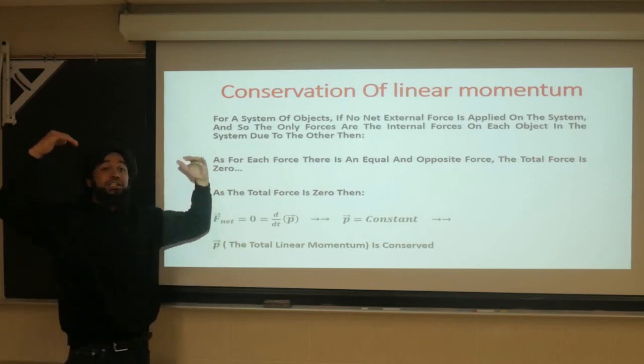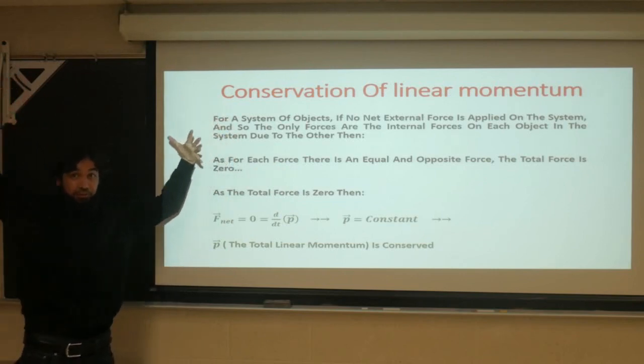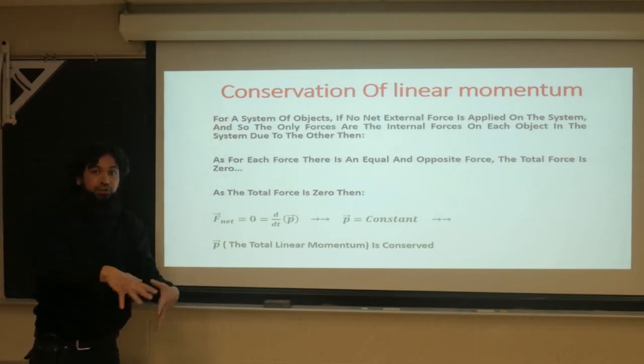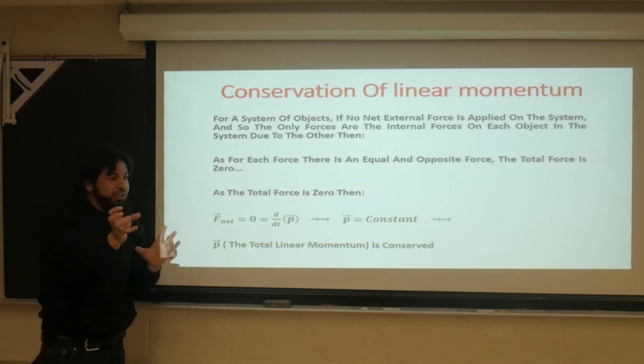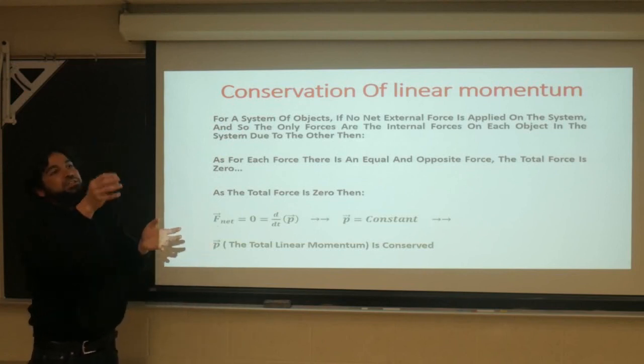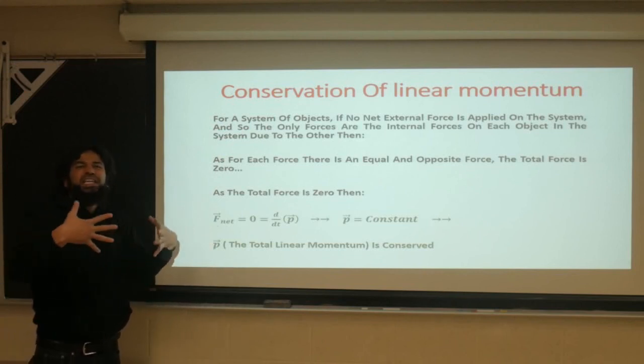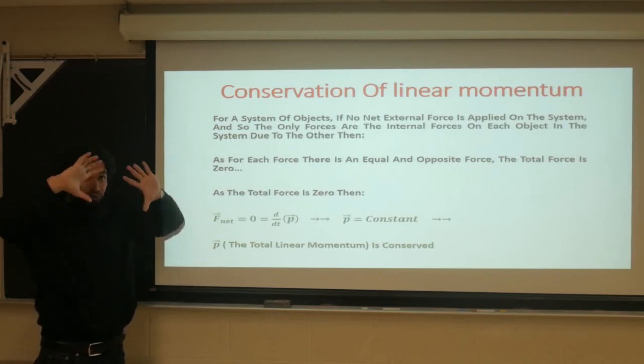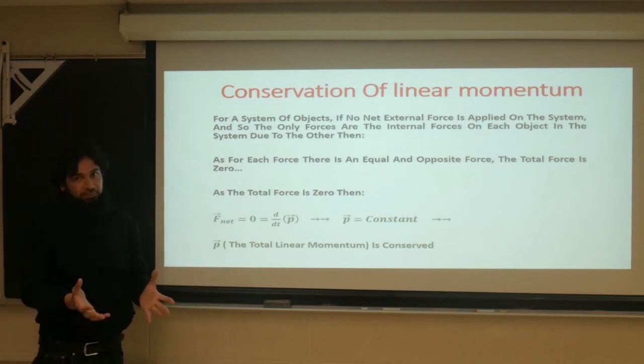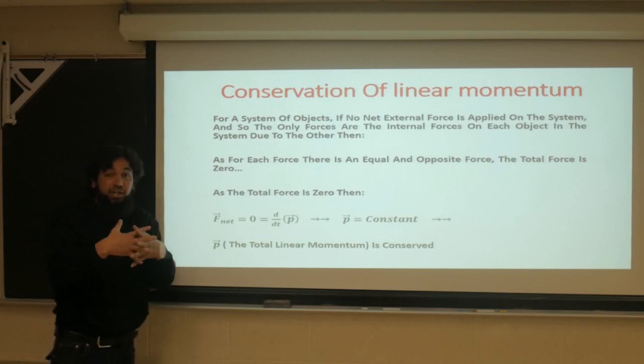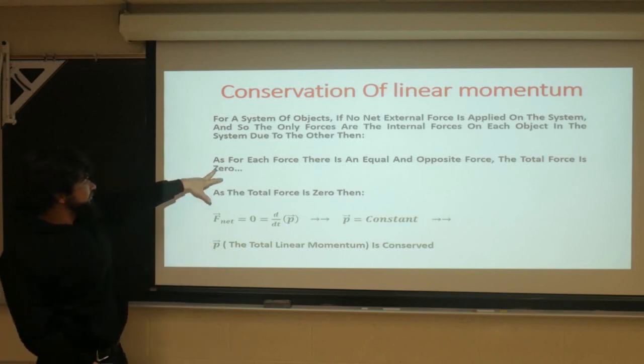And there are no external forces, out of the system or coming into the system. So the total force will be from object A on object B, from B on C, from C on A. These are called internal forces. So the net external force is 0, but the forces are coming from the objects on each other.